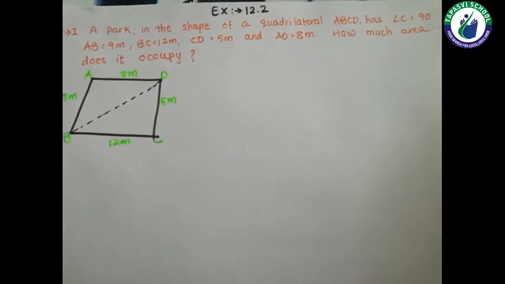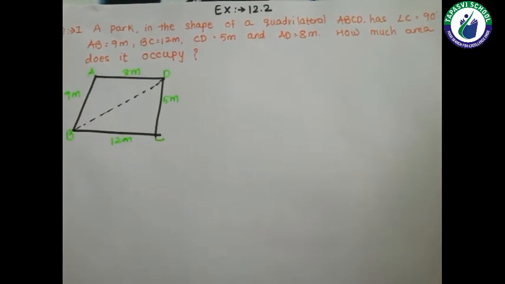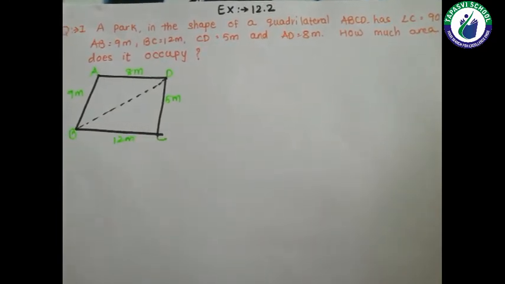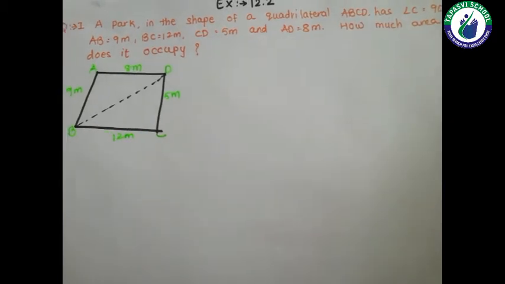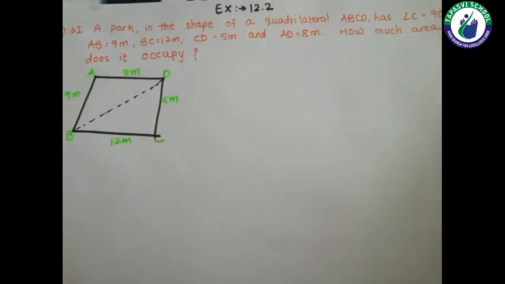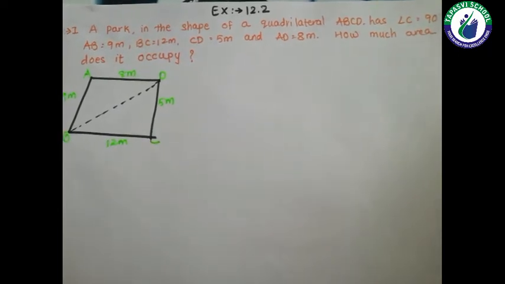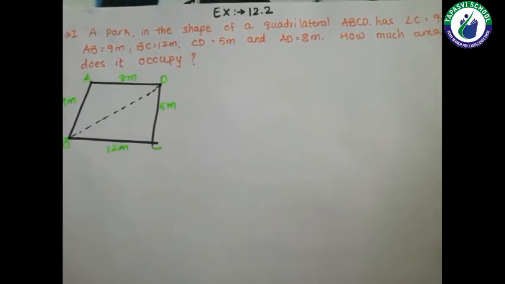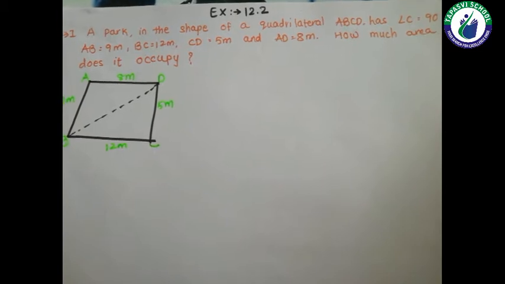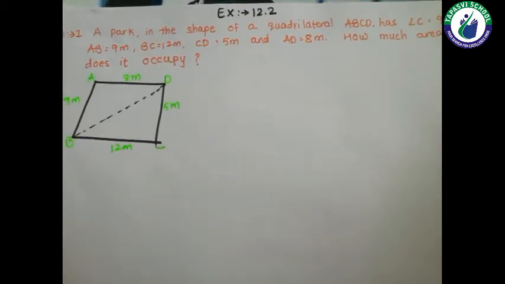In our last lecture, we discussed the concept of finding the area of a quadrilateral by using Heron's formula. What we were doing in that? By drawing the diagonal, we divide the whole quadrilateral into different triangles, and then one by one we find out the area of both the triangles, and in the last we add them all.